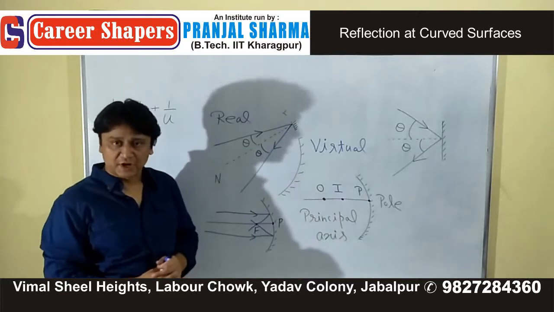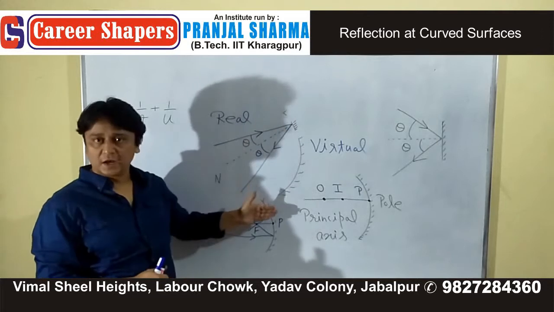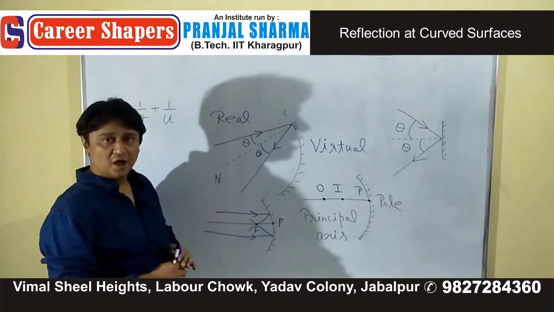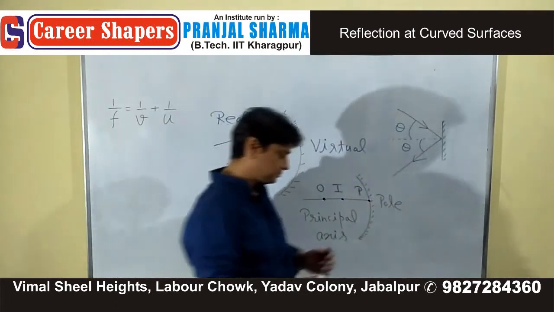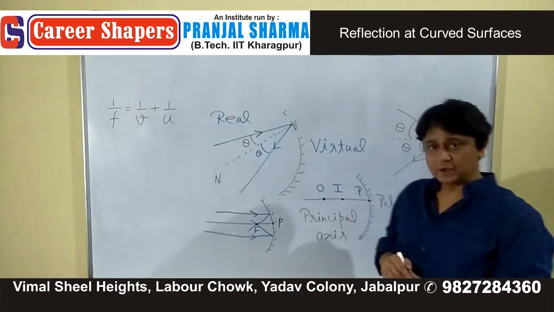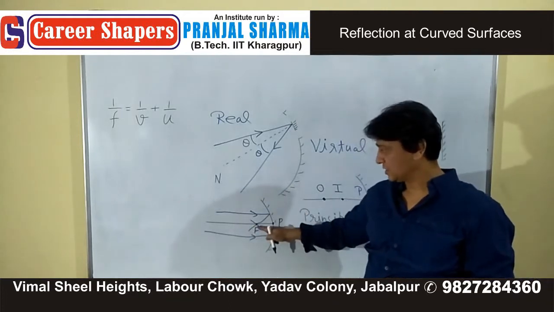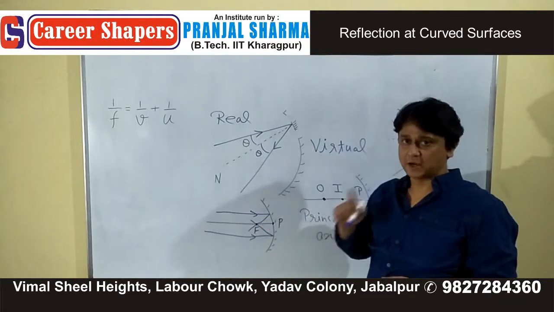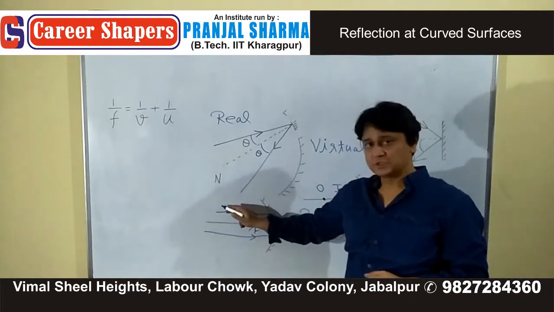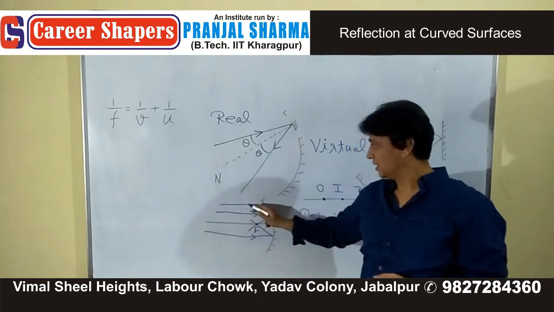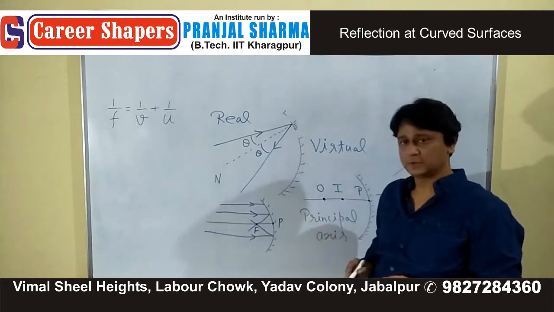There are some restrictions. These are called spherical mirrors. And when you have a spherical mirror, there is a problem, which you can understand from this figure. When these rays meet, they do not meet at a single point every time. Suppose you take a ray at this position, somewhere here.